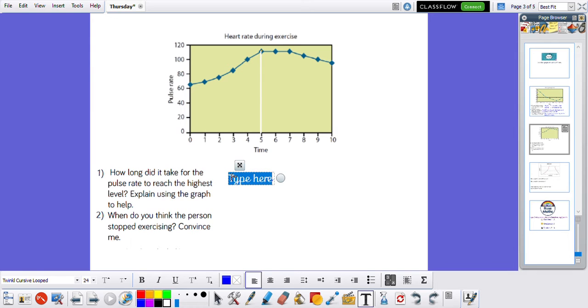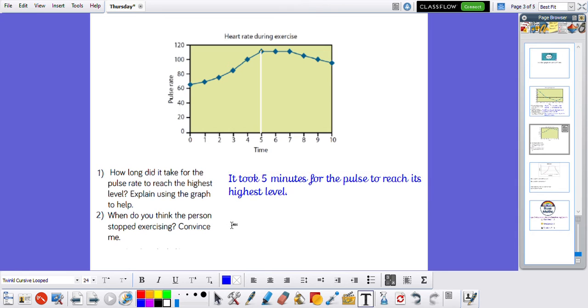So we can write, it took 5 minutes for the pulse rate to reach its highest level. And how do we know that? Well, we've looked for the highest data point on the y-axis, and then we went down the x-axis to find the time that it took to get there.